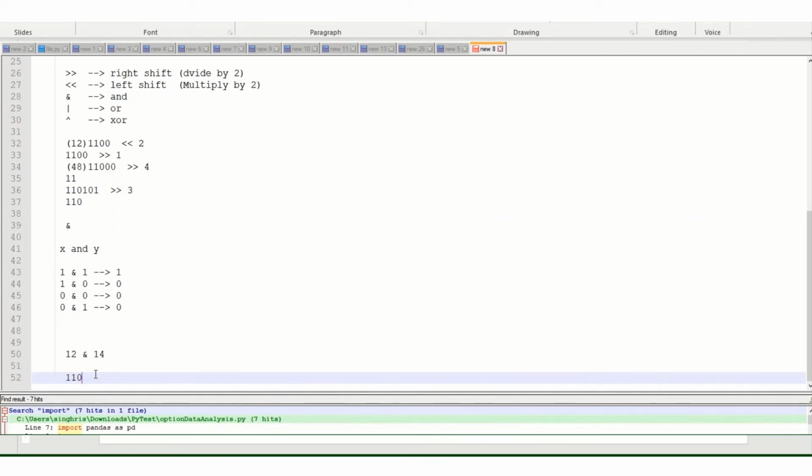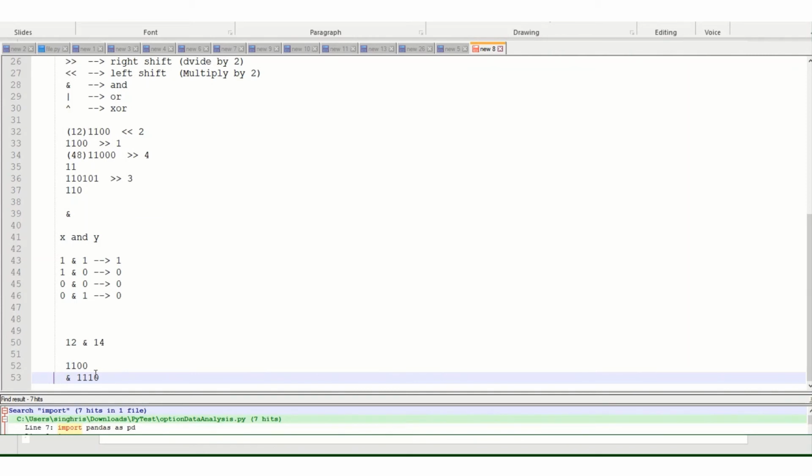12 is converted to binary: 1100 is the binary number of 12, and for 14, the binary number is 1110. So what will happen here?